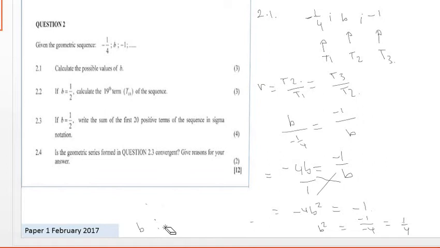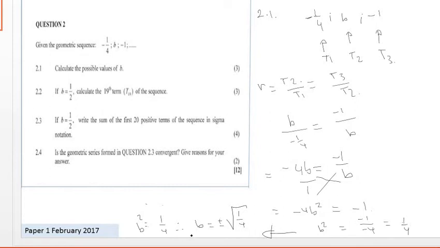So I'm going to continue the resolution on that side. We have b squared is equal to 1 over 4. Therefore, b is equal to plus or minus the square root of 1 over 4. So we are going to have two values of b, since we want to determine the square root of 1 over 4.